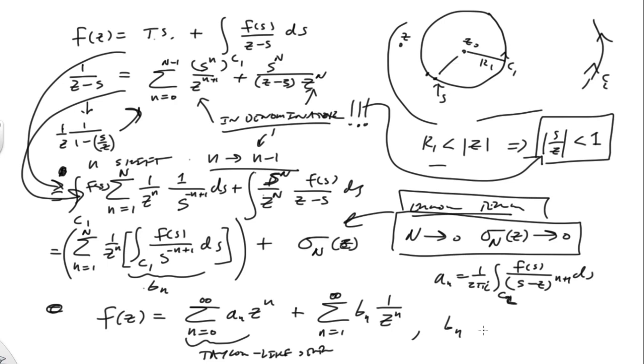Likewise, bn is going to be equal to 1 over 2 pi i. Sorry, I forgot my 1 over 2 pi there. Integral over c1, which again encloses our singularity, of f of s, all divided by s to the negative 1 plus n.